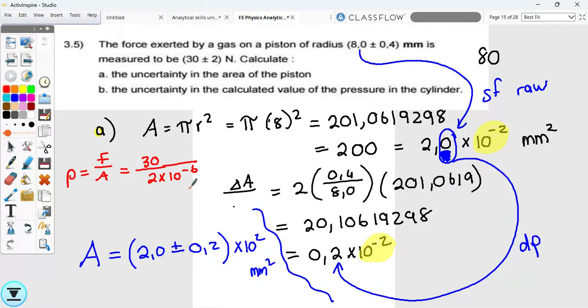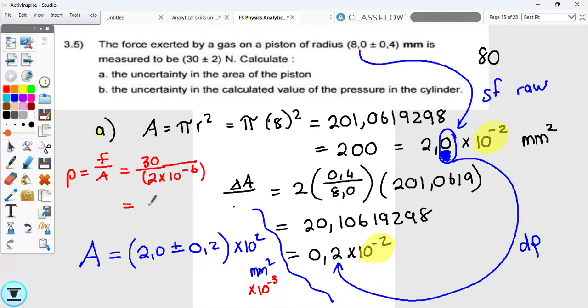Guys, that's the things we started this year off in your normal physics. Let me just refresh your memory. Milli is times 10 to the minus 3. But because there's a 2, remember it's going to be then 2 times minus 3, which gives us the minus 6. Yes, that is perfect.